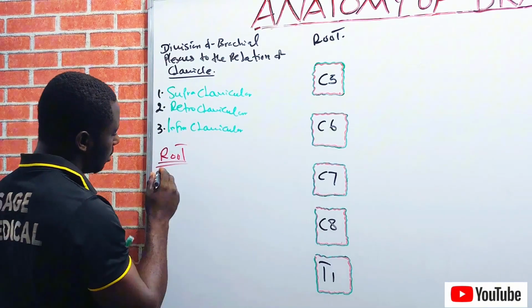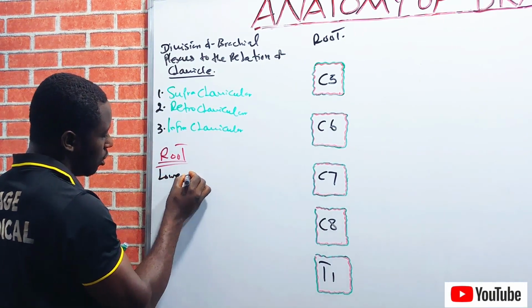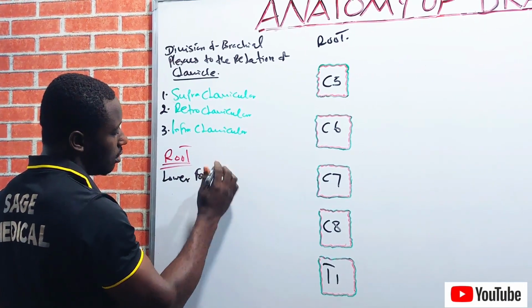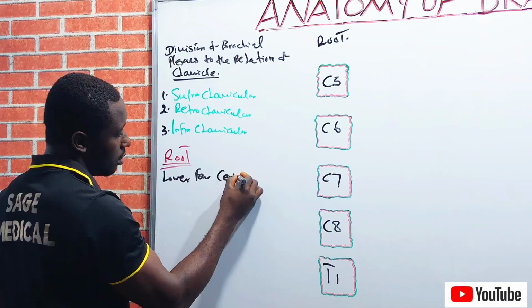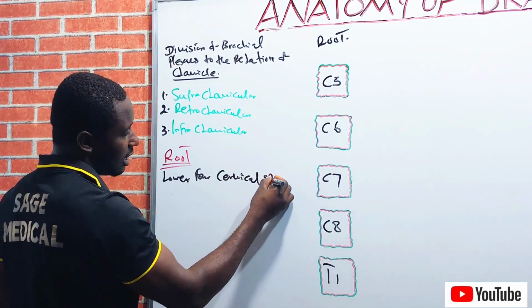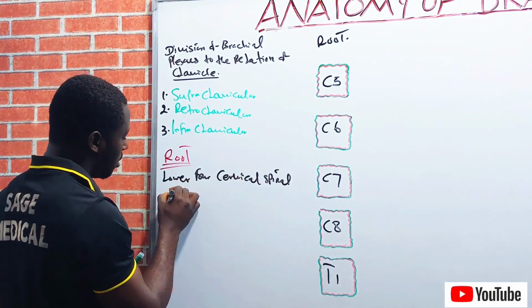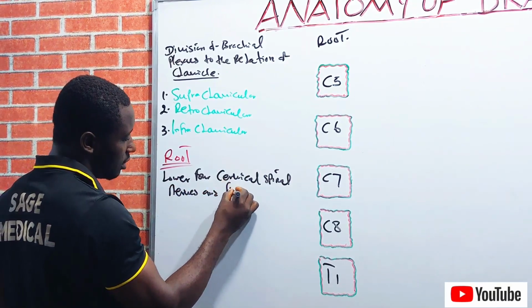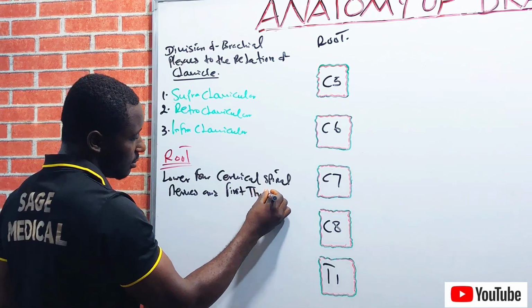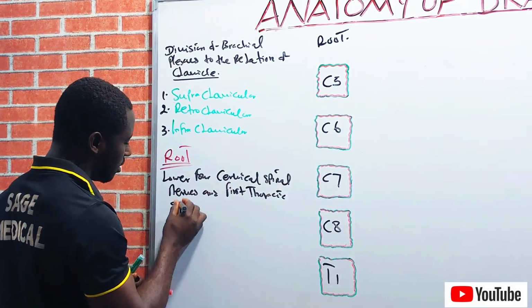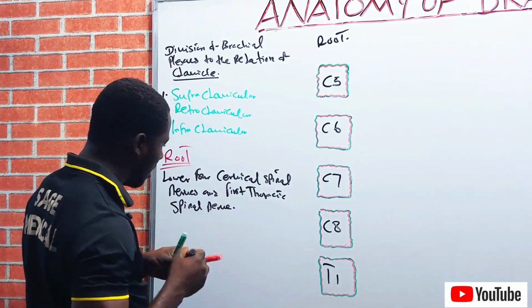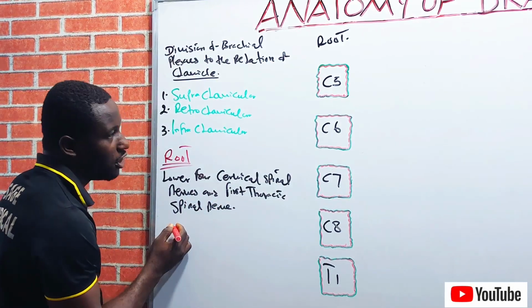That is, lower four cervical spinal nerves and first thoracic spinal nerve. That is all about the root. We'll move into the trunk.